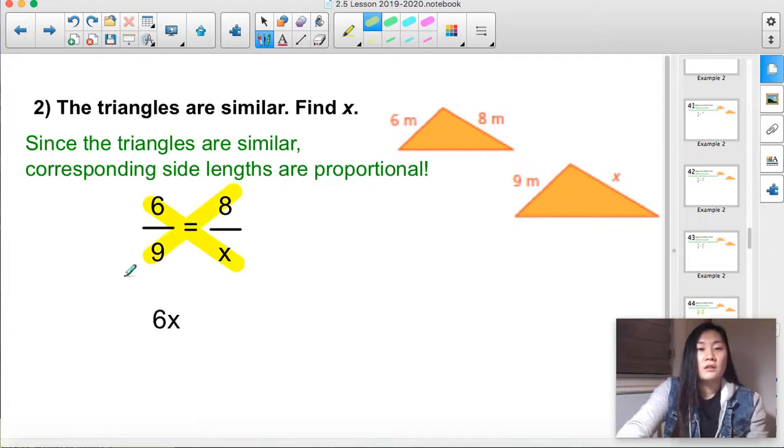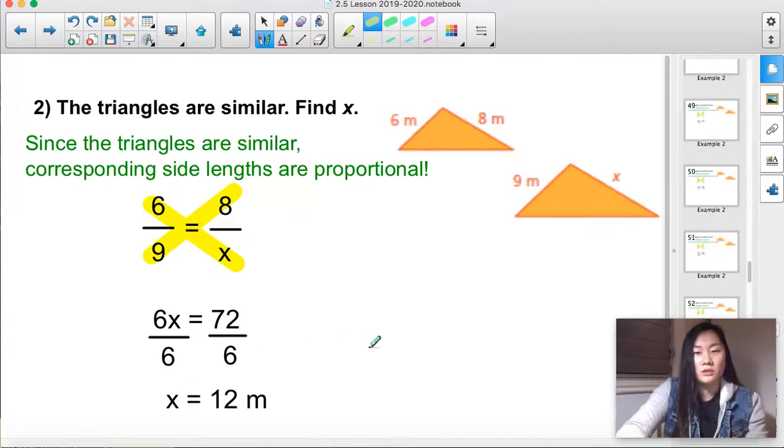Then we get 6x is equal to 72 because we have 8 times 9, 9 times 8. Then we want to find x, right? That's the question. We want to get x alone. So we're going to divide both sides by 6. 6 crosses out and you get x is equal to 12 meters. And that's the final answer.